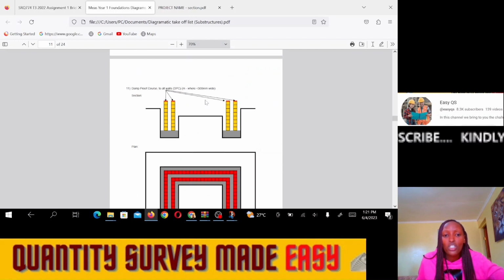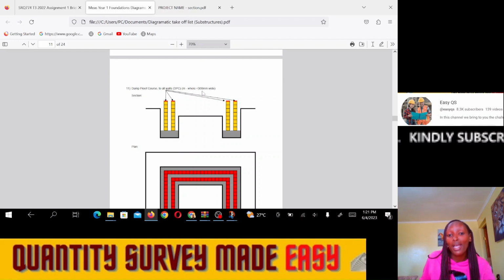All right. Then we shall go to how we measure the damp proof course, the DPC. The DPC is usually measured in meters because it's only placed above the walls. You see, it's placed above the walls so that you can continue constructing the walls of the superstructure. So as long as the walls are below 300 millimeters wide, they are measured in meters.